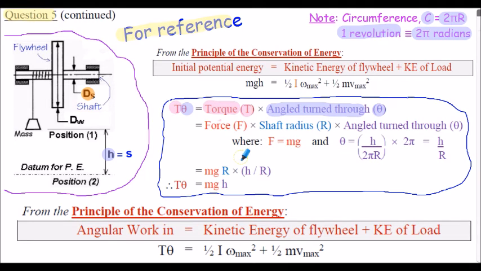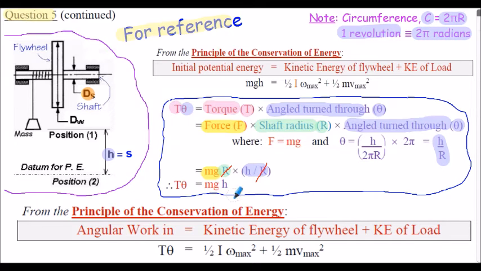So now if we replace the force in this equation by mg, multiply the force by the radius of the shaft r, and then multiplied by the angle turned through, theta, which is shown to equal h upon r. Again, we notice cancelling here of r in the denominator with the r in the numerator.